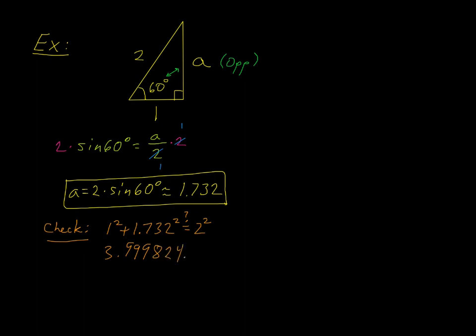So did I do something wrong here, given that the right side is exactly 4? Well, the answer there is no. I'm okay here. Remember, I rounded the value of a up above. So the fact that this is really close to 4, but not exactly 4, is in fact to be expected. So we're all good there.